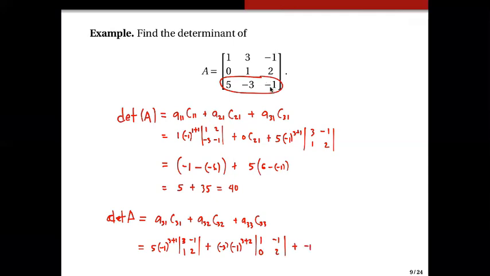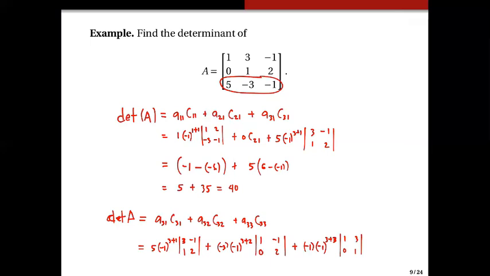We have negative 1 times negative 1 raised to 3 plus 3, and then the determinant. For this entry, we remove this column and this row, and we will only have 1, 3, 0, 1 in here.